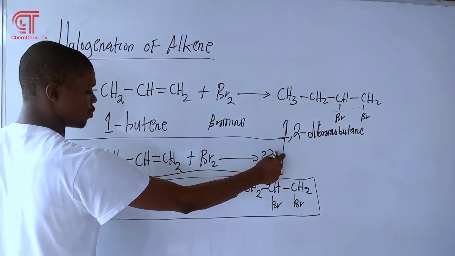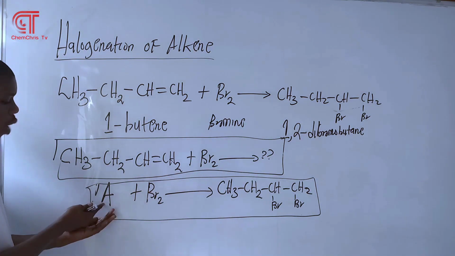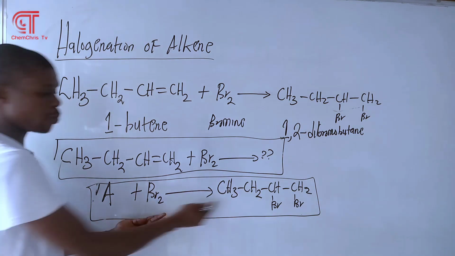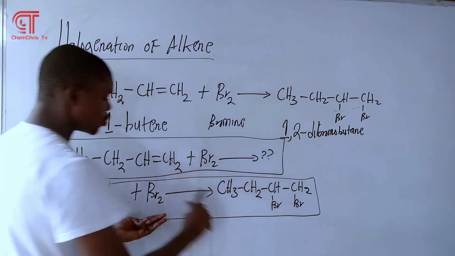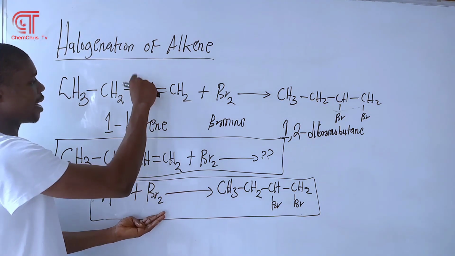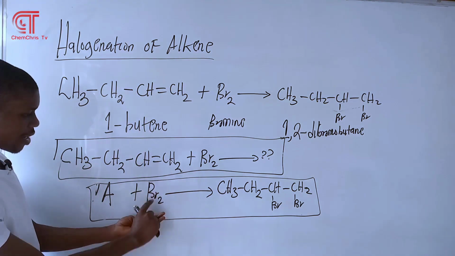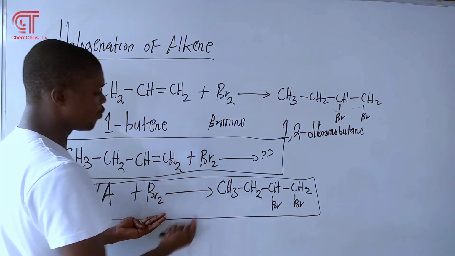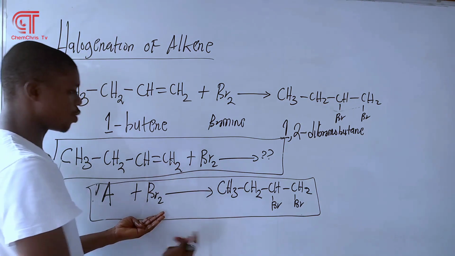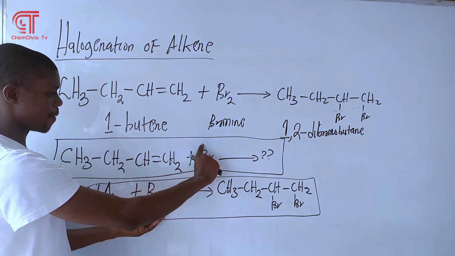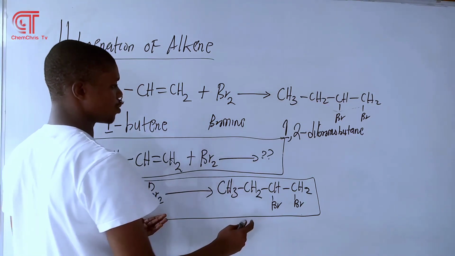Or they ask which alkene will react with bromine gas to produce this product. You need to be conversant with this reaction to answer this question. So these are the various ways you may see the question.